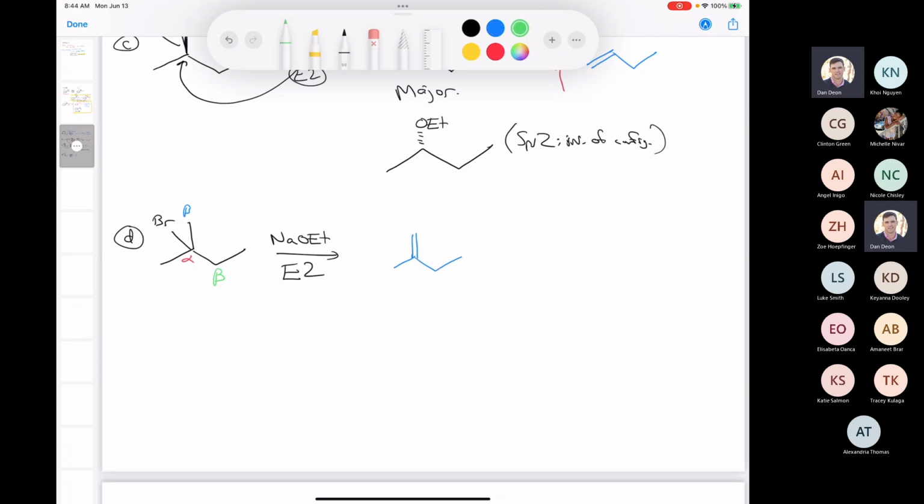But if I pull off the green proton, then I end up with the Zaitsev alkene. If I'm using an unhindered base, like ethoxide, what's going to predominate will be the Zaitsev alkene. So this will be the major product, the one that I've written in green. There's no cis or trans to worry about here, so there's no stereoselectivity to worry about.